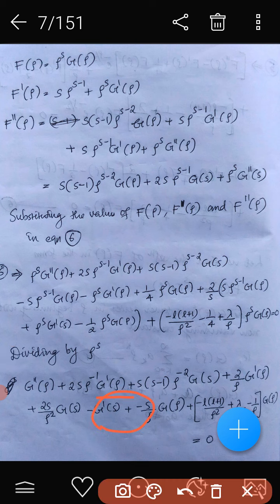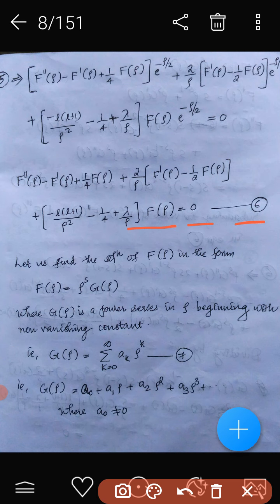Now we know that we took this function as f is equal to rho to the power s g rho, then I'm differentiating, so f prime rho and f double prime rho. Then we can substitute the value of f prime and f double prime in equation number 6. So in this equation, f double prime, f prime and f.